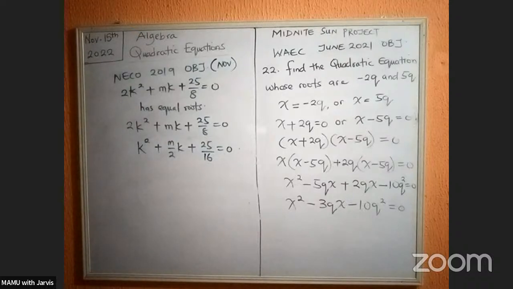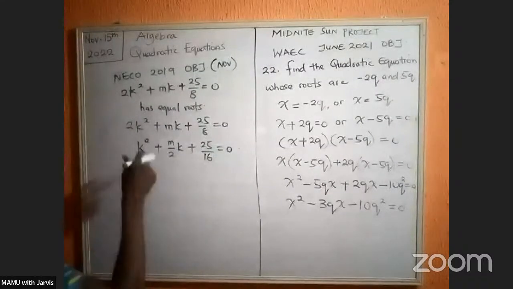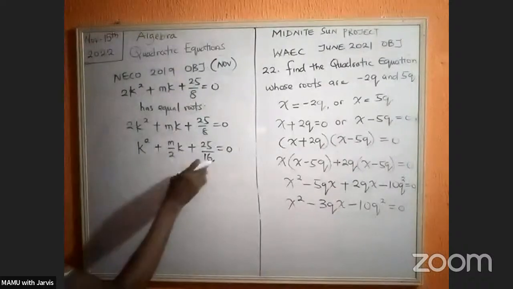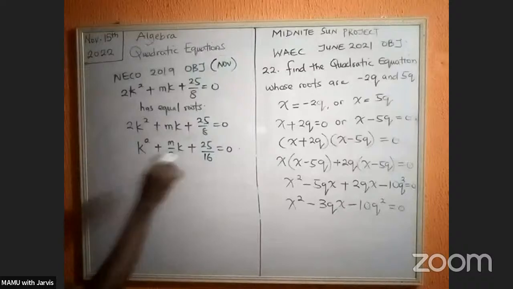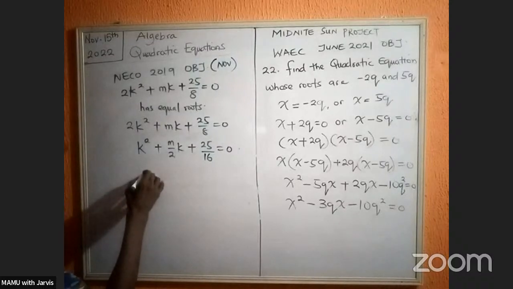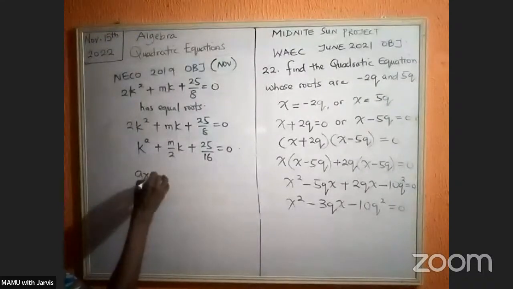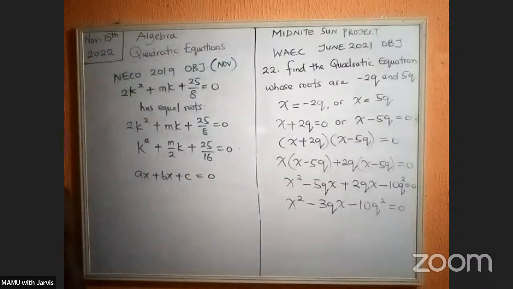So there's a formula that we usually use to solve this. Let's go back to the standard general quadratic equation form: ax squared plus bx plus c equal to 0 will mean that what?